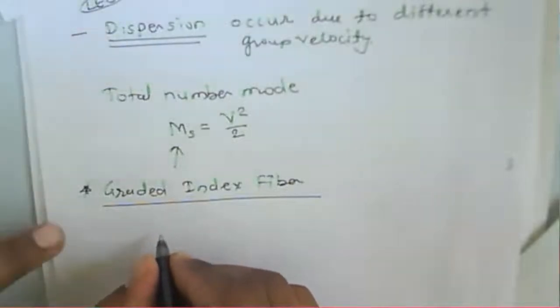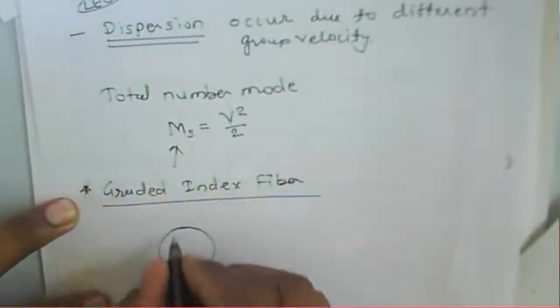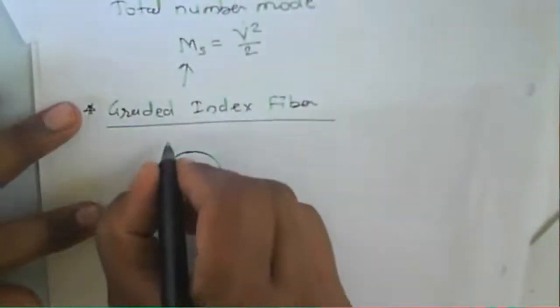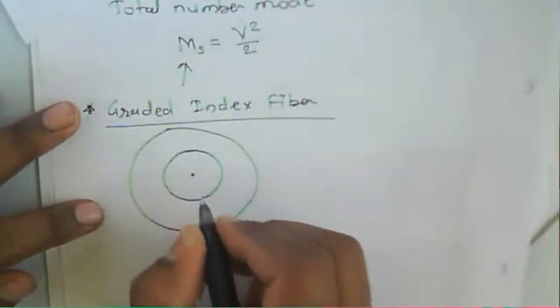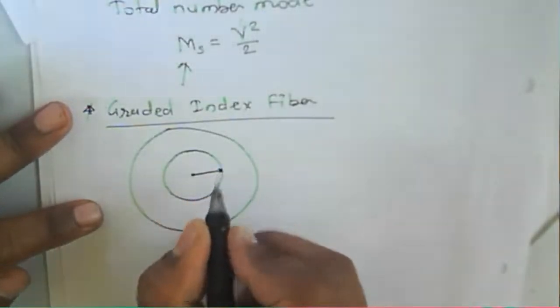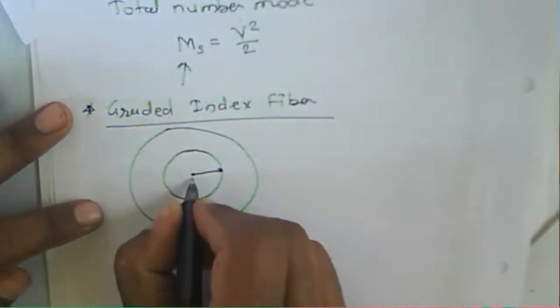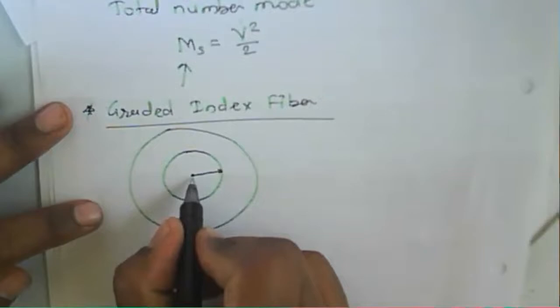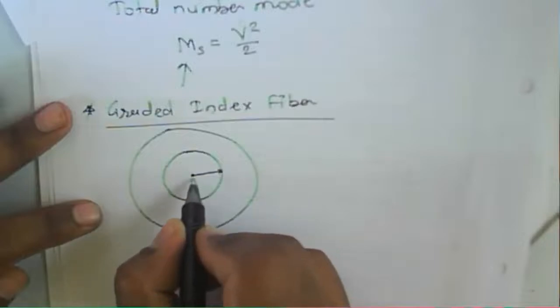Means, if you consider that this one is the core of a fiber and this one is the cladding of a fiber, then the refractive index gradually decreases here. It is highest at the center of this fiber core, and if you move away toward the boundary of core and cladding, gradually that value decreases.